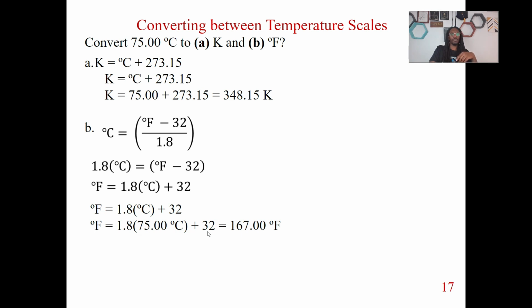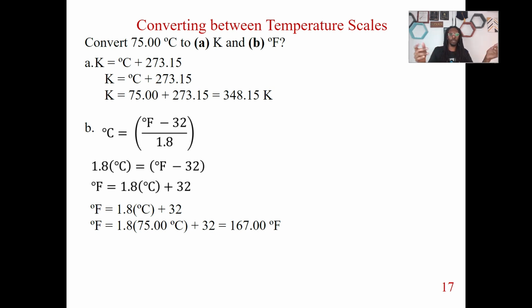Once I put it in my calculator, I'm going to see that 75 degrees Celsius in Fahrenheit is 167 degrees Fahrenheit. And this is how we're going to be converting between our temperature scales.